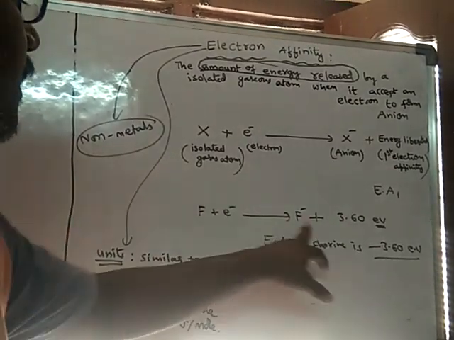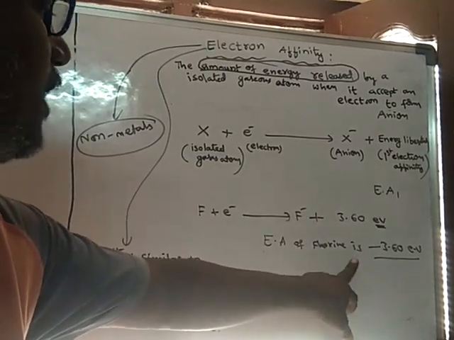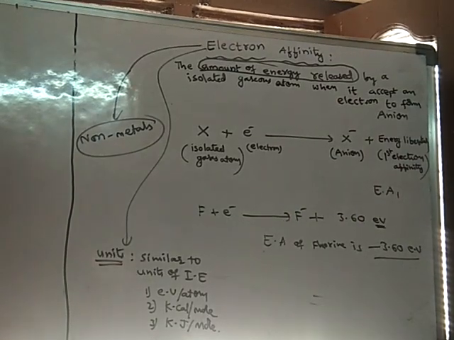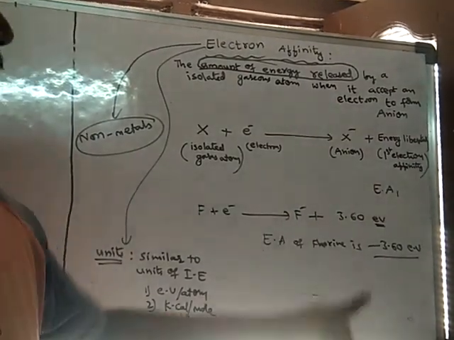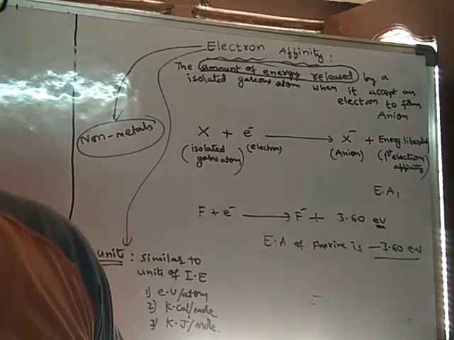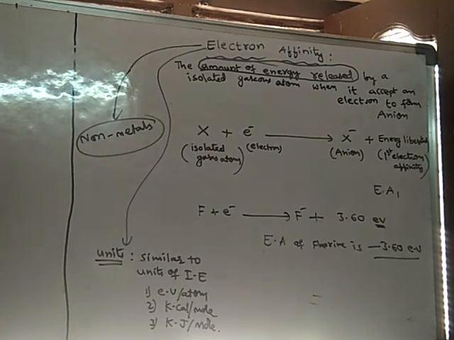While writing the equation, we will simply write plus, but separately we have to show it as minus 3.6 electron volts, because minus always indicates release or loss of energy. So that atom will release some energy.